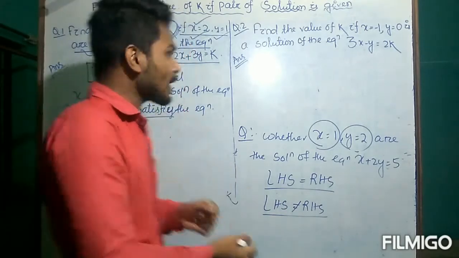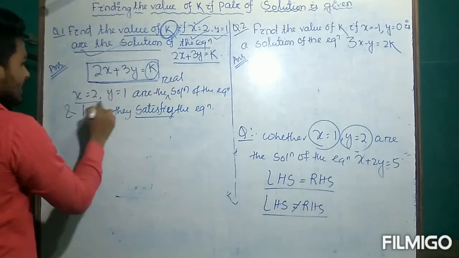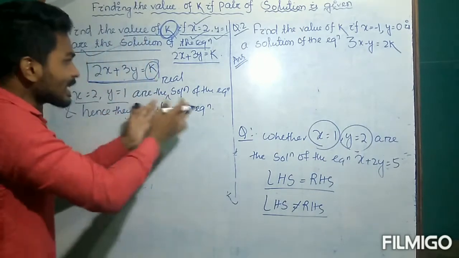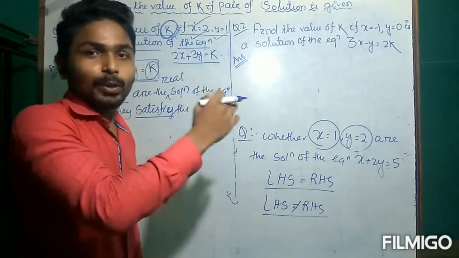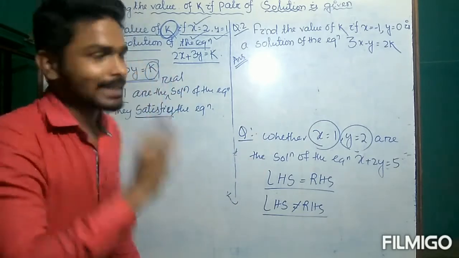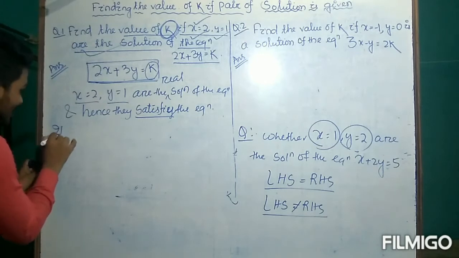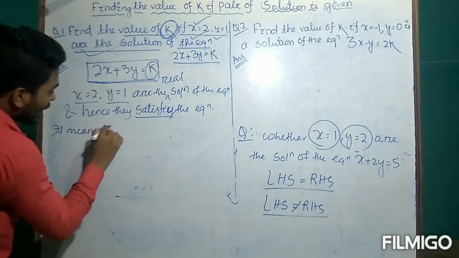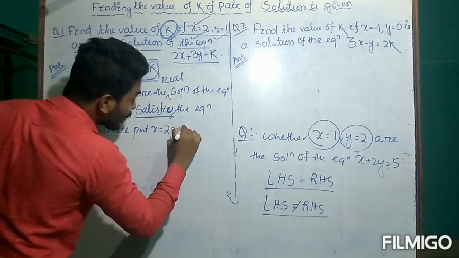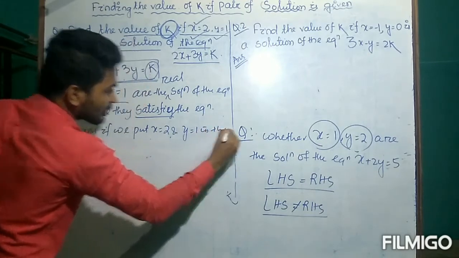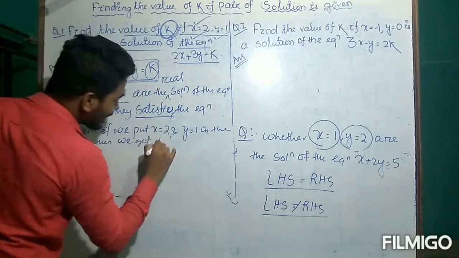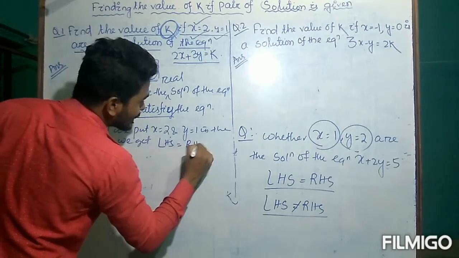So let's find out. Since it is given that these two are the real solution, they satisfy the equation. Since they satisfy the equation, if we put x is equal to 2 and y is equal to 1 in the equation, then we get LHS is equal to RHS.